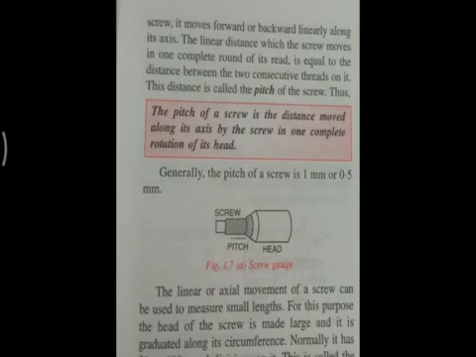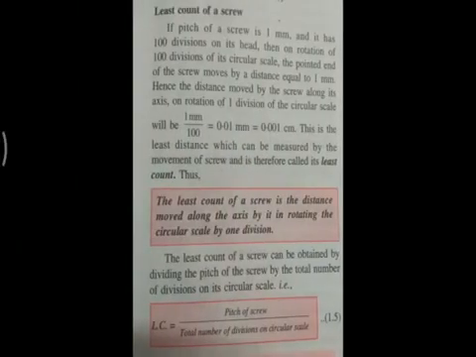If the divisions are 100 on the screw gauge, then what will the least count be? It will be the pitch divided by the total number of divisions on the circular head. So over here we have taken the pitch of the screw as 1 millimeter, and we are taking that total 100 divisions are on its end.